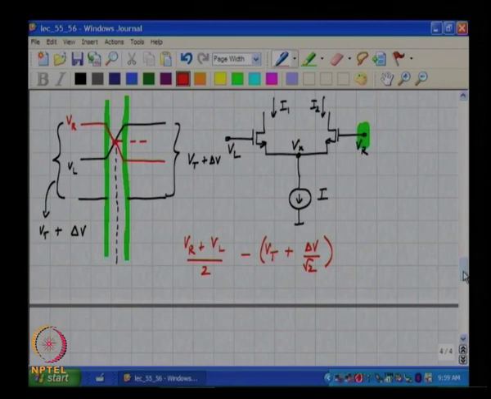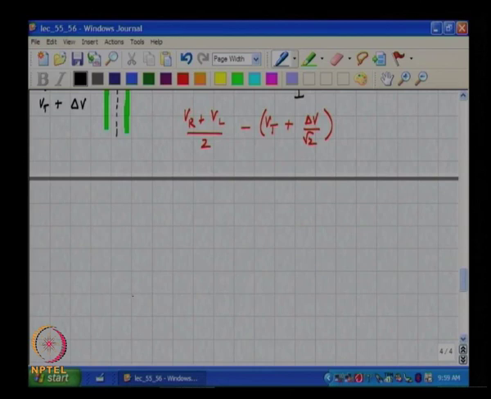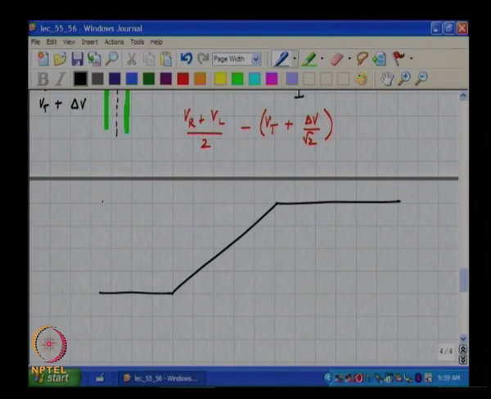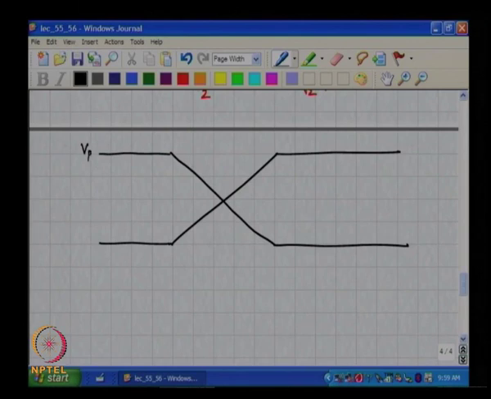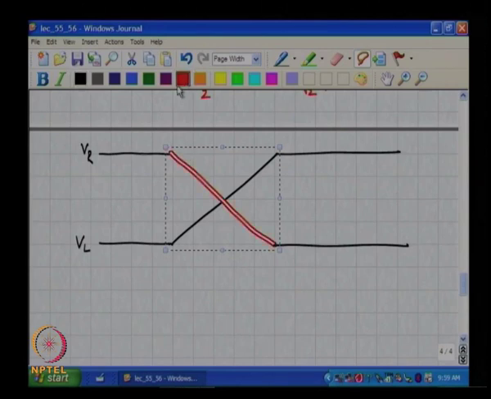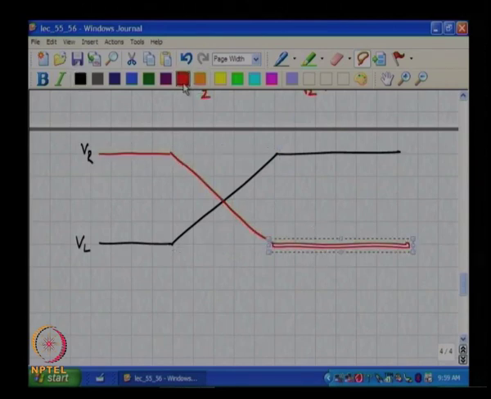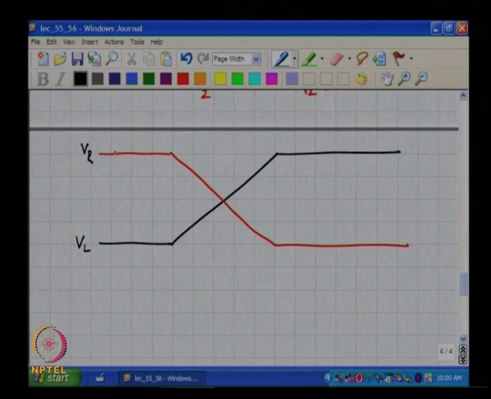So, the Vx waveform, if I draw this in a very exaggerated fashion like this, this is Vr, this is Vl.